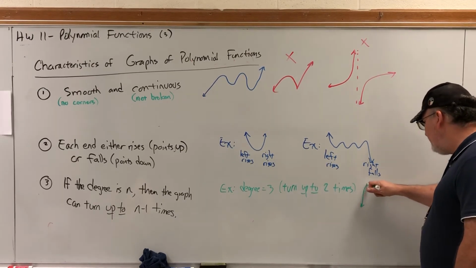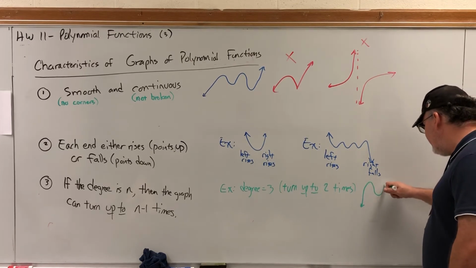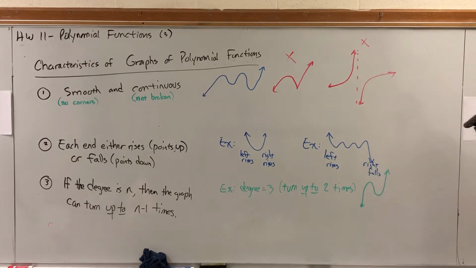So the graph goes up, turns, goes down, turns, and then goes up again. Or it could do something like this. I'm going to start by the left end falling, go up, have a slight bend, and then keep going up. So this graph would turn 2 times, this graph would turn no times. At no point did it change its vertical direction.